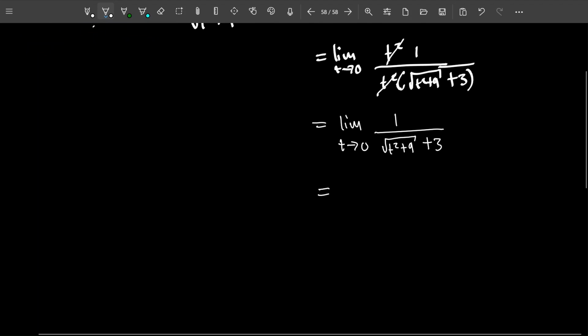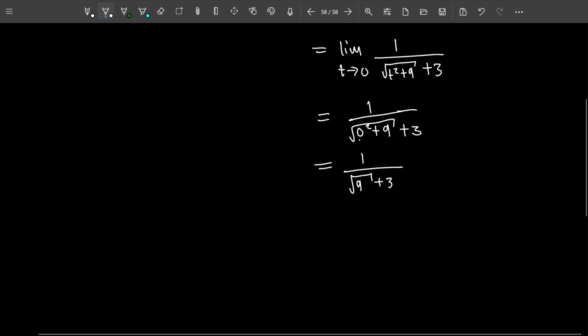So it's nice. It is equal to 1 over the root of 9 plus 3. The root of 9 is 3, plus 3 is 6, so it is 1 over 6, and you are done.